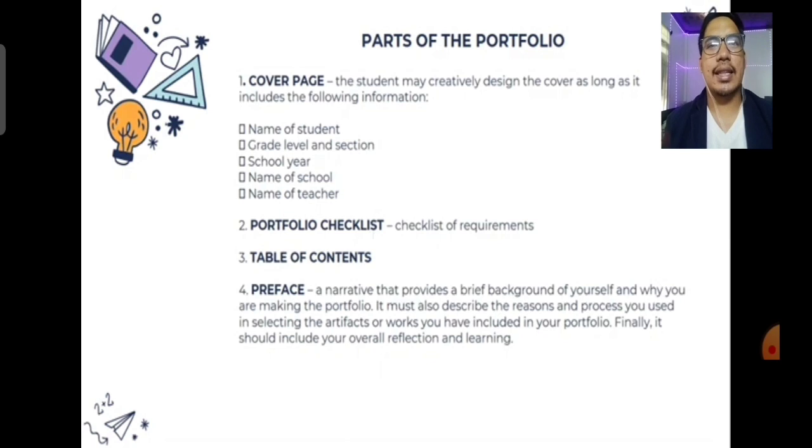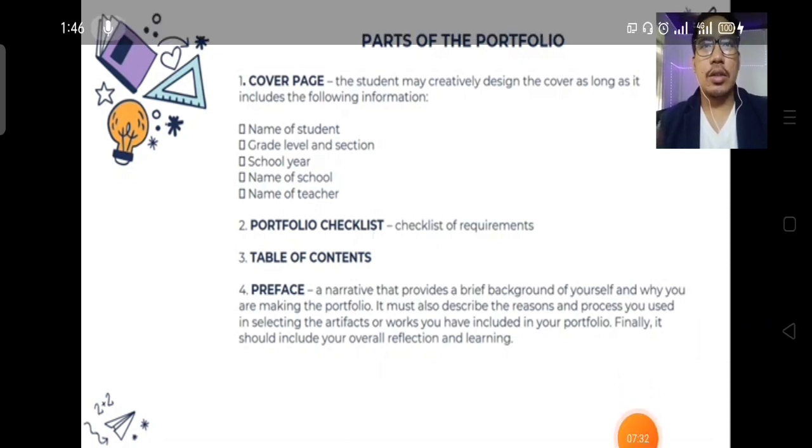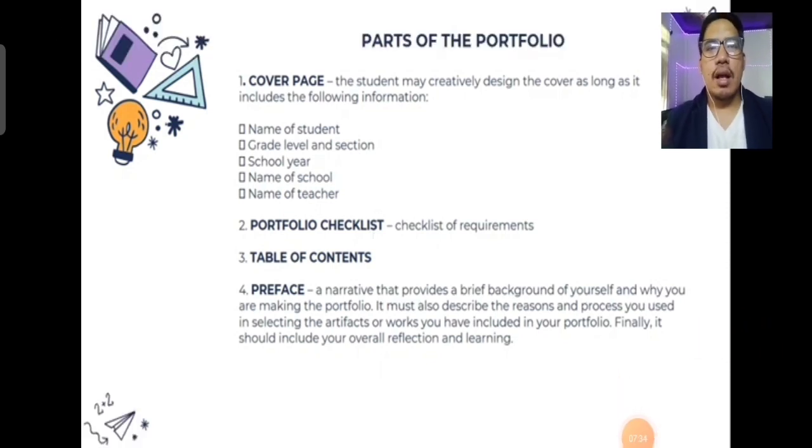Itong mga dinidiscuss natin. And then you also have to put a table of contents para mas madali para sa inyong teacher, sa pagpasa ninyo ng inyong portfolio, makita kung saan ba nakalagay yung mga output or evidences or artifacts na ipepresent ninyo.